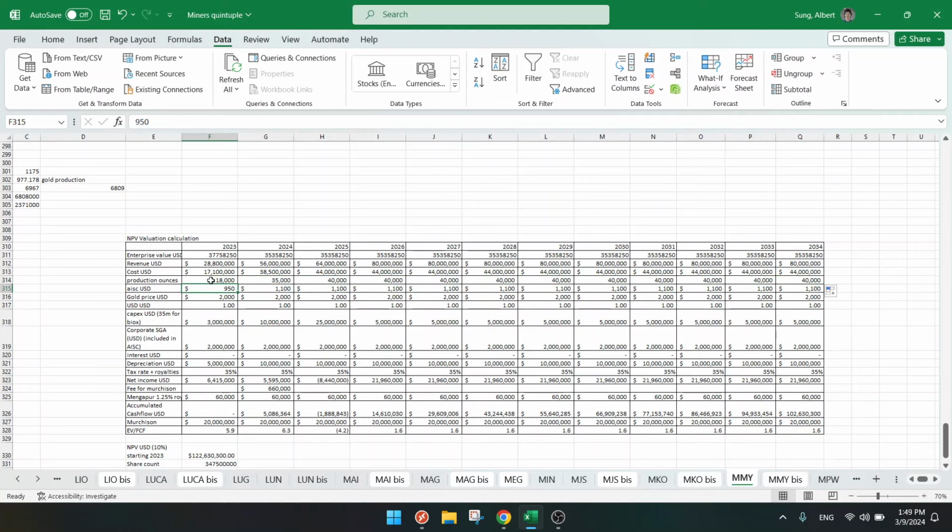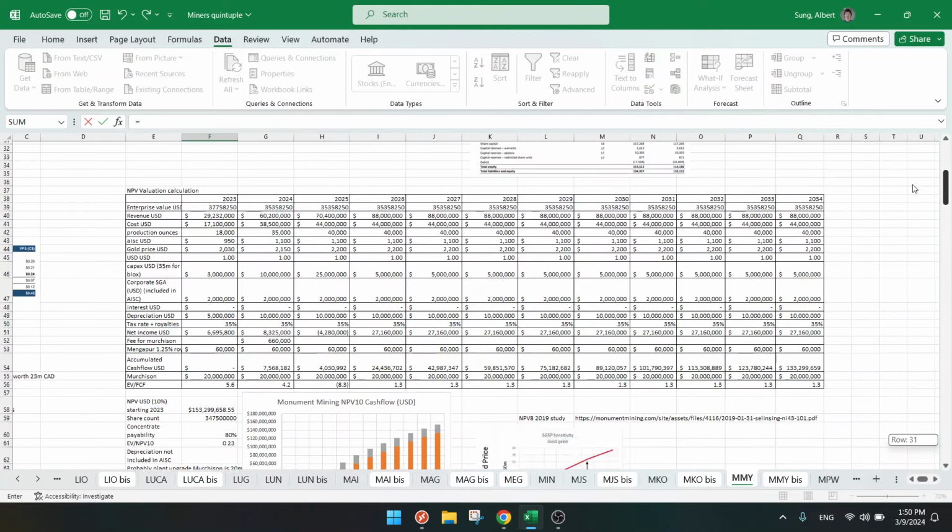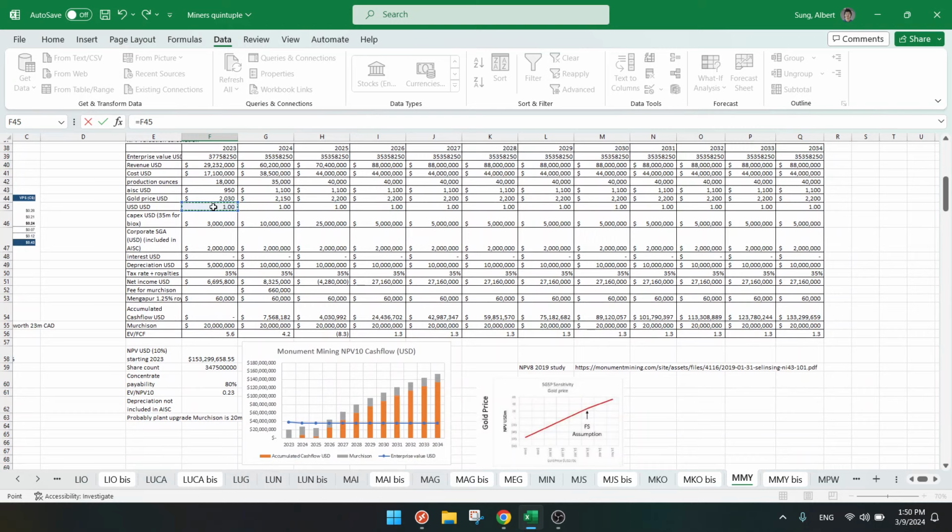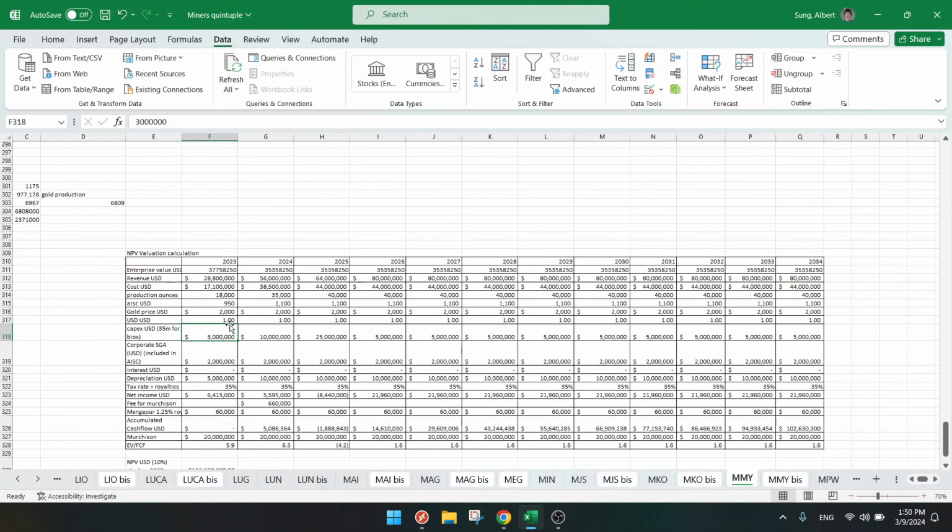All-in sustaining cost as well, we will refer to the master chart because that can change in function of time per quarter. Gold price is 2000. So this is the chart for 2000. US dollar to US dollar, that's not really important, but let's just refer to the master chart just in case.